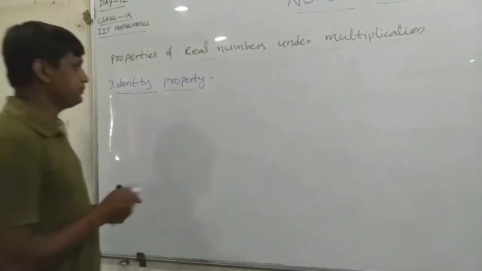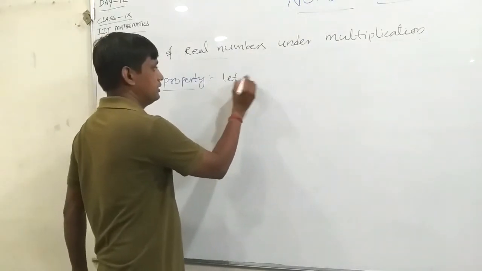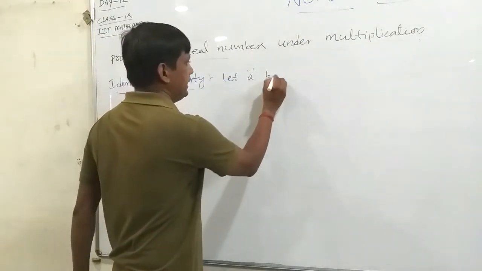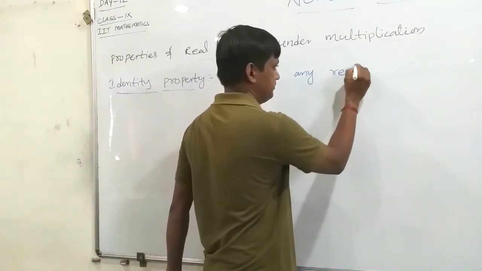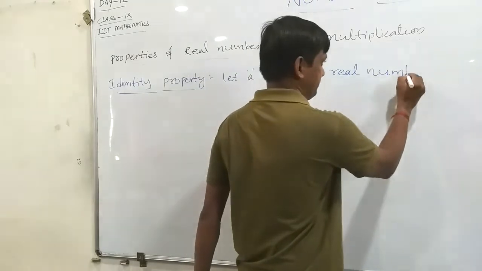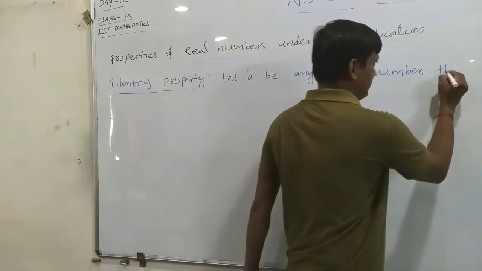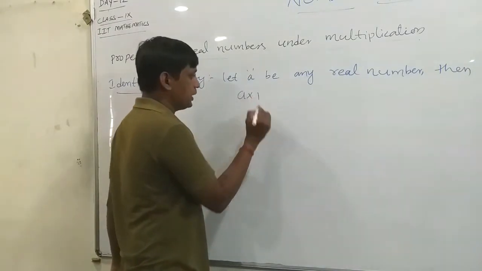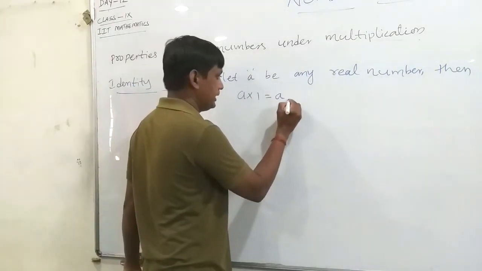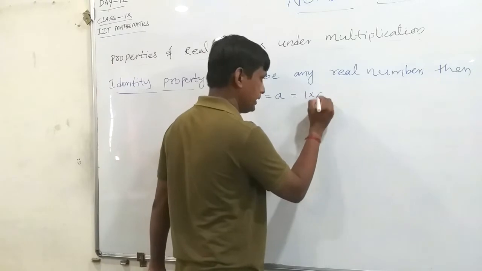Here let A be any real number, then A into 1 is equal to A and that's equal to 1 into A.